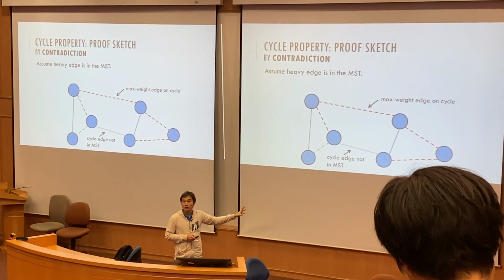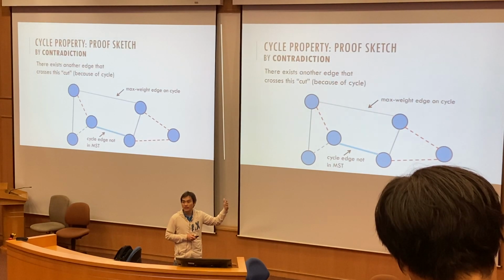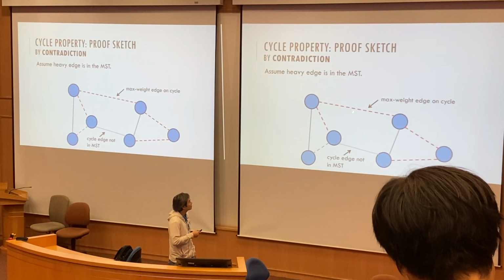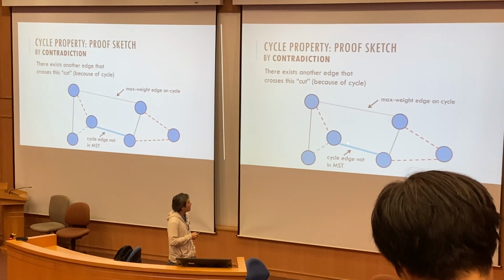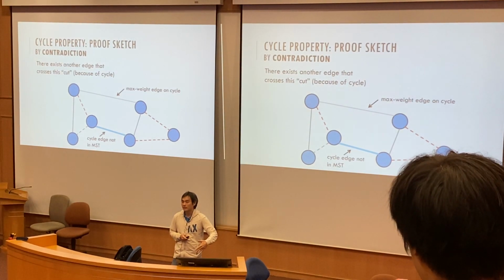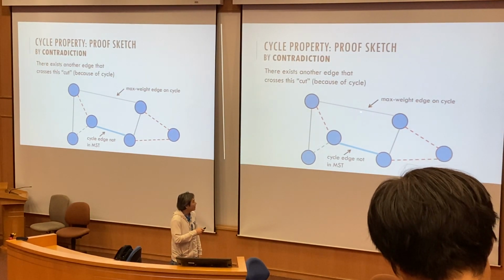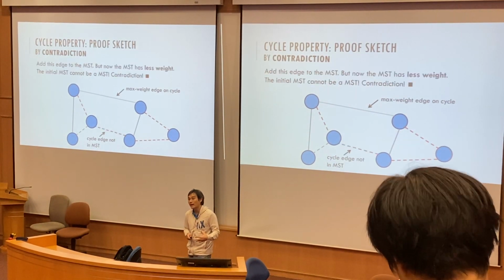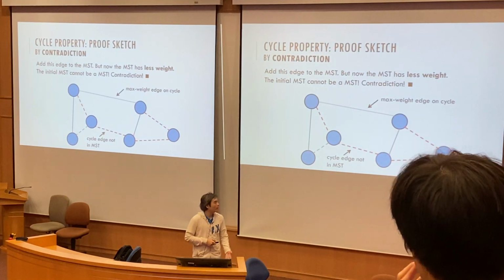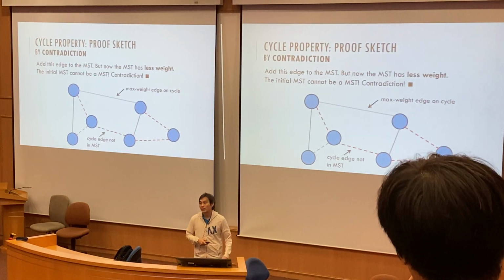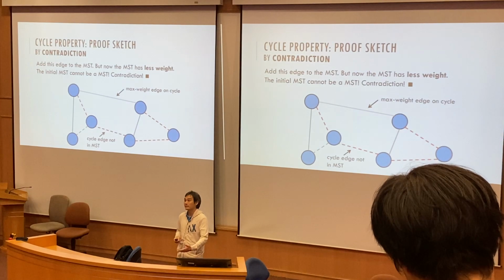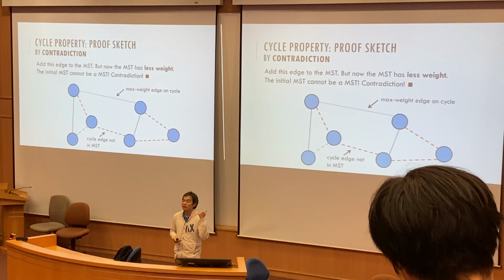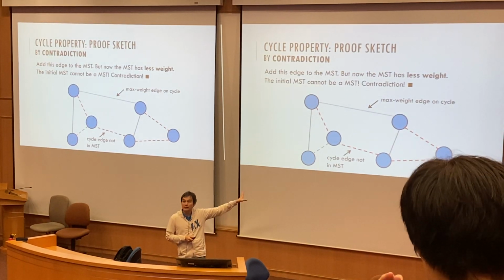So what I'm going to do is remove this edge, and I'm going to add the other edge on the cycle. This other cycle edge is of less weight than this one because this is the max weight. And look what happens: I will have a spanning tree still, but the tree is of lower weight. So the initial assumption that it is an MST is not true.